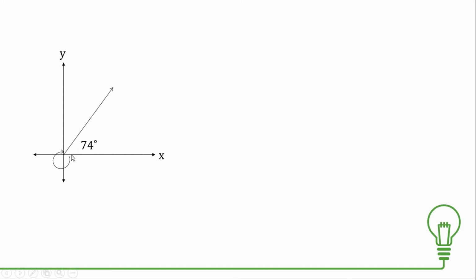So that would be 74 degrees plus negative 360 degrees since we have a negative rotation. So the answer would be negative 286 degrees. Meaning, the angle which measures negative 286 degrees is coterminal with 74 degrees. Okay? So those are coterminal angles.